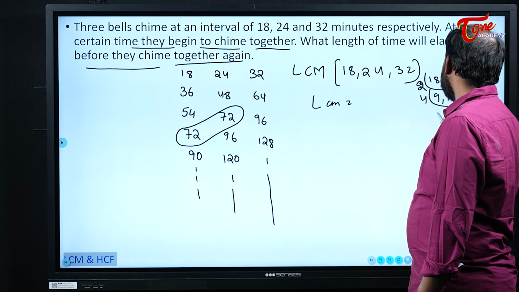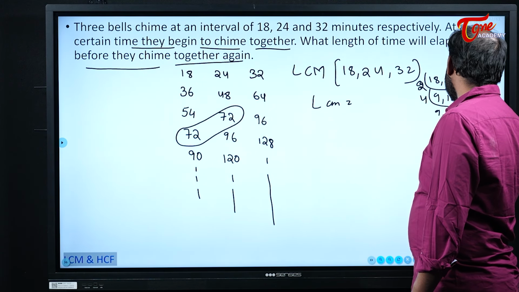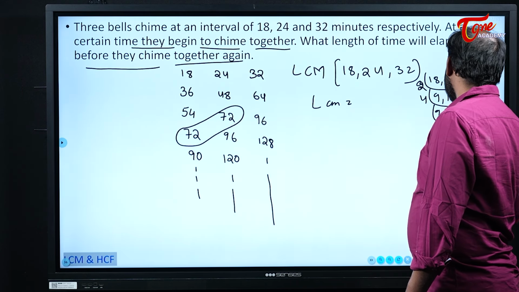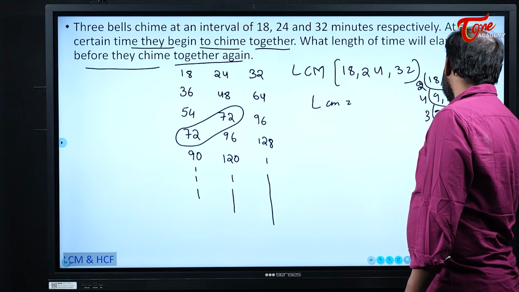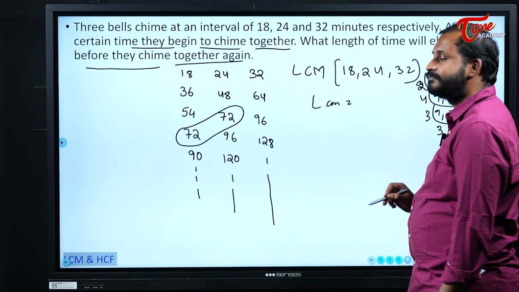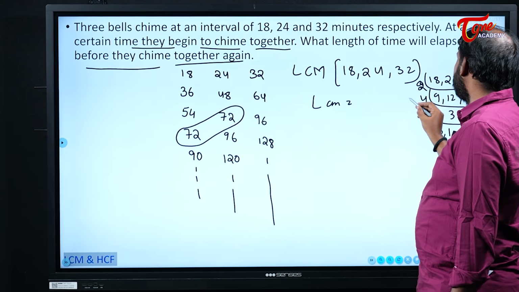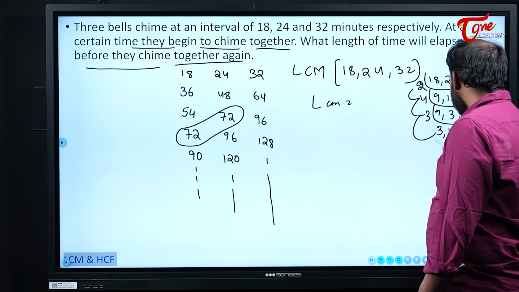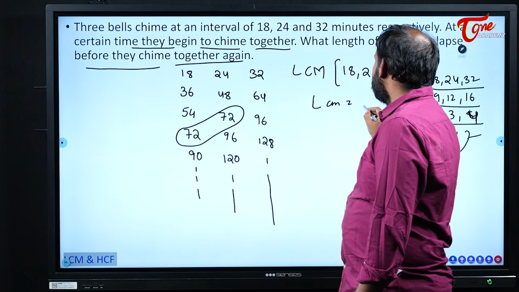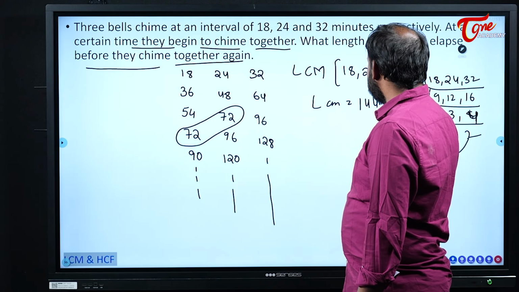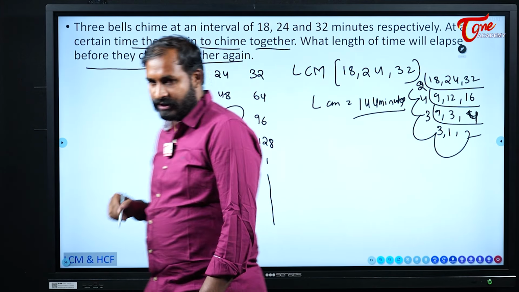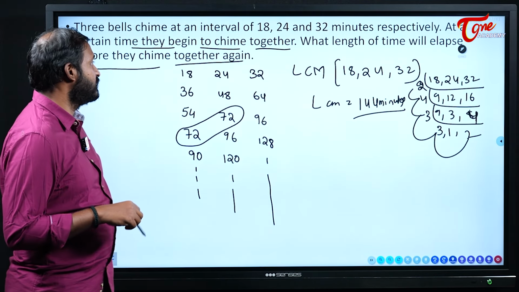I will go with the 4 table. 9, 3 and 4. So next I will go with the 3 table. 3, 1 and 2. Right. So 2 4s are 8, 8 3s are 24, 24 3s are 72, 72 2s are 144 minutes. That means after 144 minutes, they all will chime together.